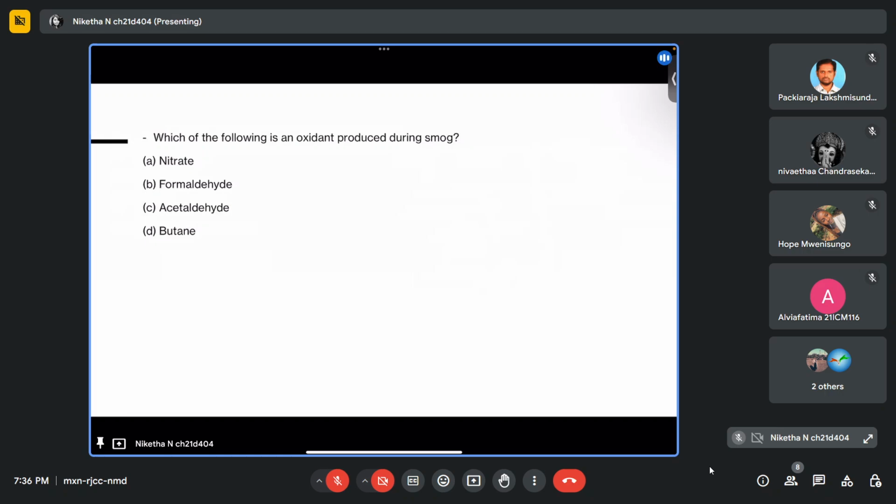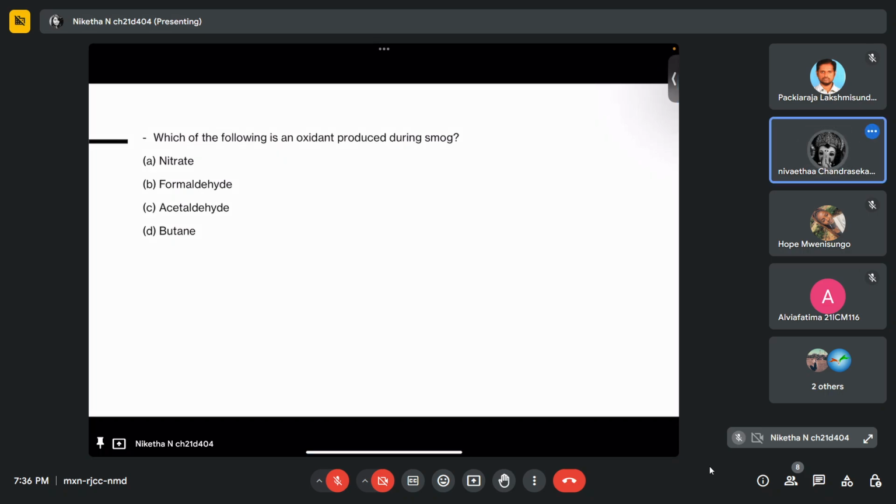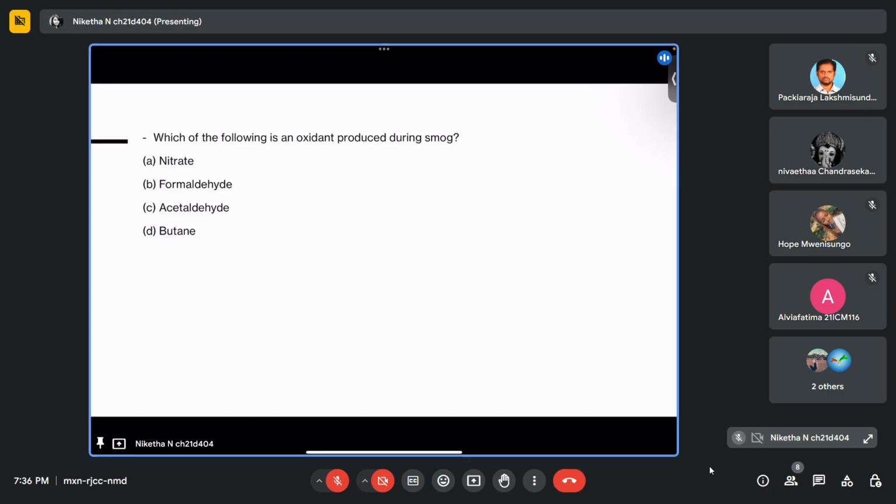Which of the following is an oxidant that is produced during smog? Ma'am, is that acetaldehyde? No, that's not correct. The right answer is formaldehyde. So nitrate plus formaldehyde in the presence of sunlight will give you photochemical smog.